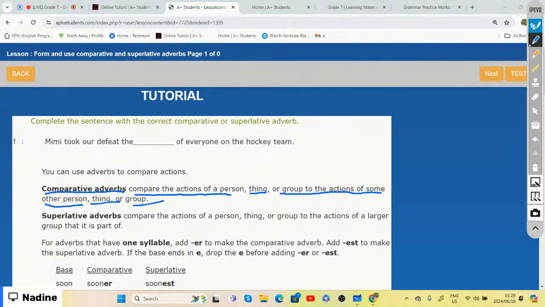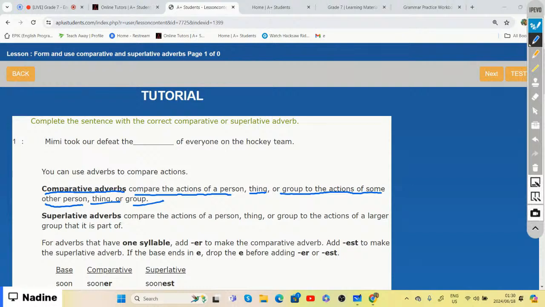That is what comparative is. It's like saying, I'll come soon, but Jack will come sooner, for example. I'm not sure if that sentence is even in line, but okay.